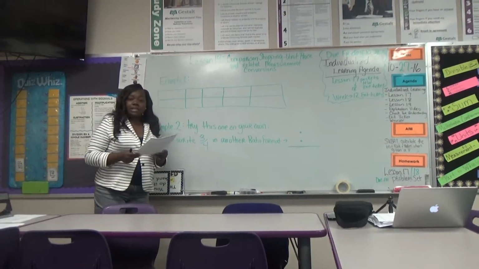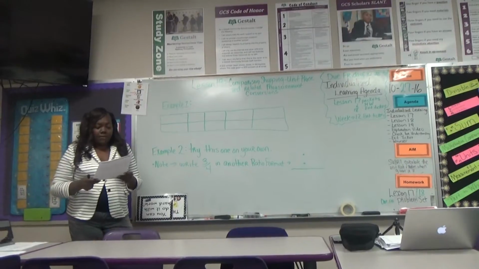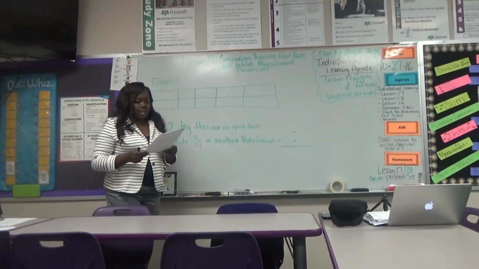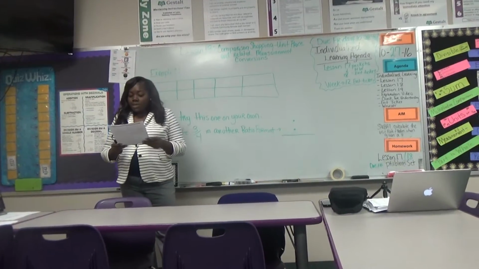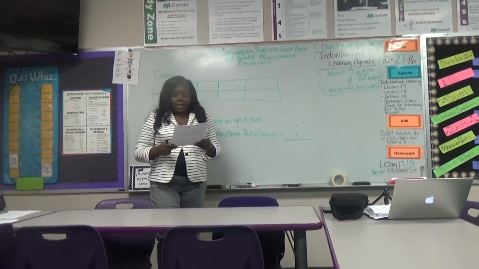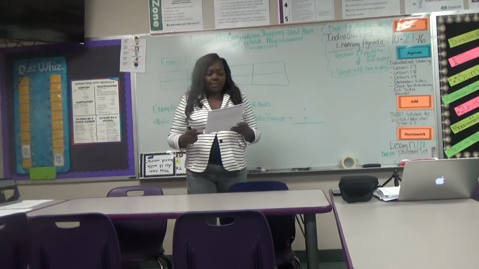Example 1 says the ratio of cups of blue paint to cups of red paint is 1 to 2, which means for every cup of blue paint, there are 2 cups of red paint.